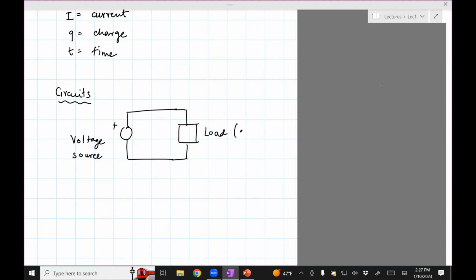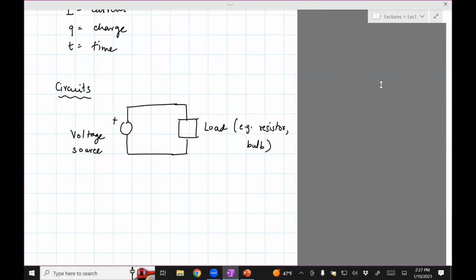Examples of a load would be a resistor, a bulb. Now what's happening here is that the voltage source is needed because it powers the load.